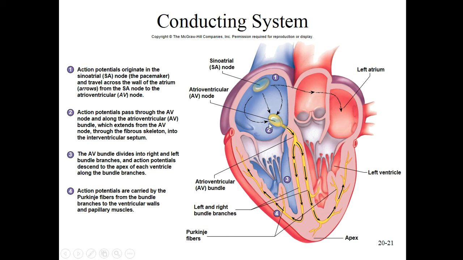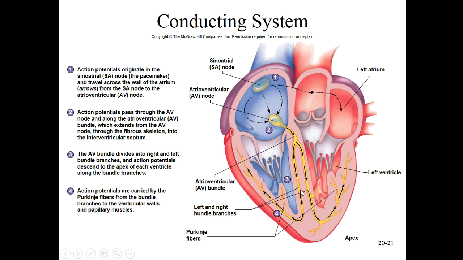Nearly simultaneously, the backup pacemaker, the atrioventricular node, will be stimulated. This is really very similar to neural tissue. These are really a lot like myelinated axons in so much that they are going to carry the electrical activity and contain it. Not like the cell-to-cell transmission that we saw up above, mind you.